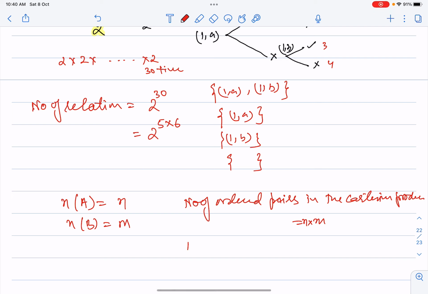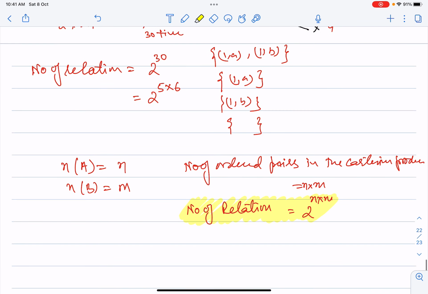Therefore the number of relations, as each ordered pair can be there or may not be there, is 2 raised to the power n into m. So this is a formula, and we have just learnt how it has evolved: the number of relations is 2 raised to the power number of elements in set A into number of elements in set B, or we can write 2 raised to n(A cross B), the number of ordered pairs in the Cartesian product. So this is the way to find the number of relations.